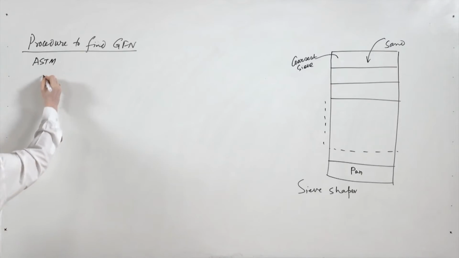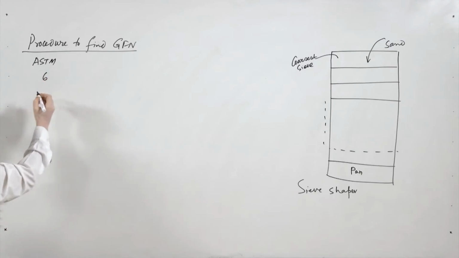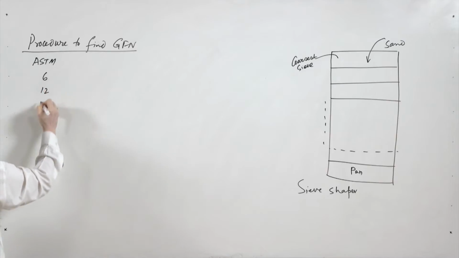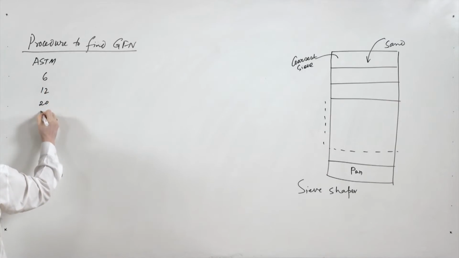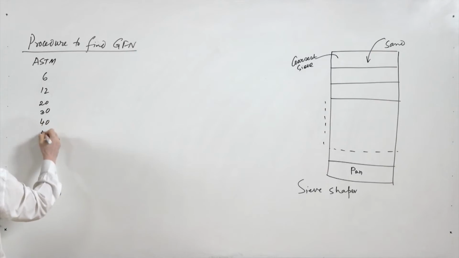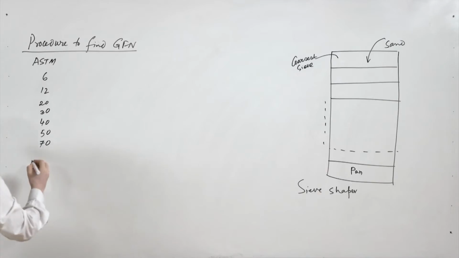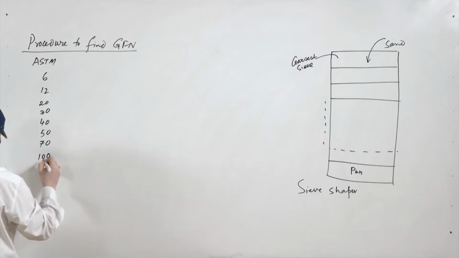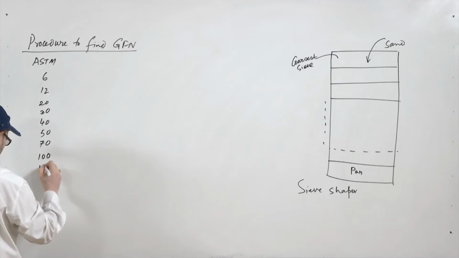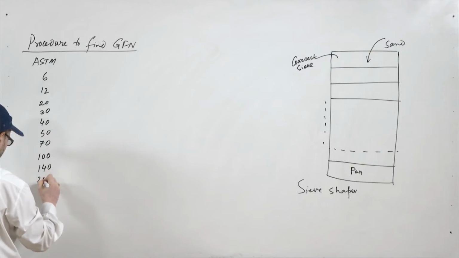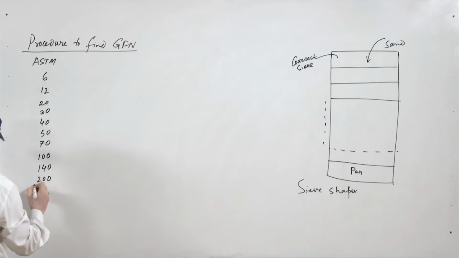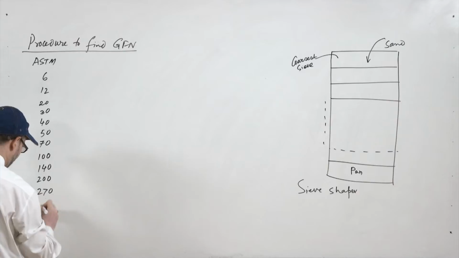So, you have, suppose, 6, 12, 20, 30, 40, 50, 70, 100, 140, 200, 270 and pan.